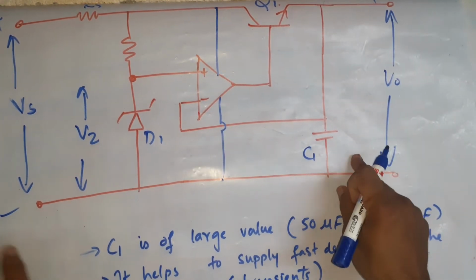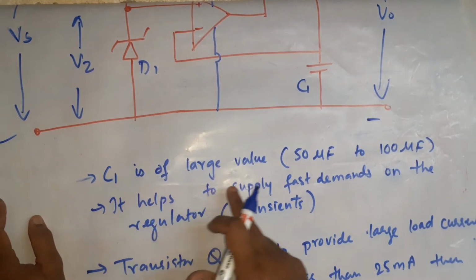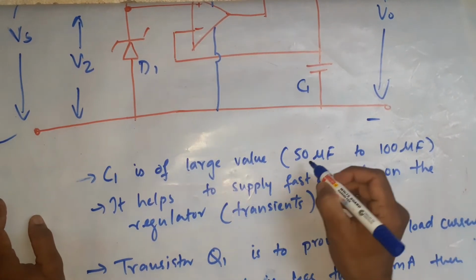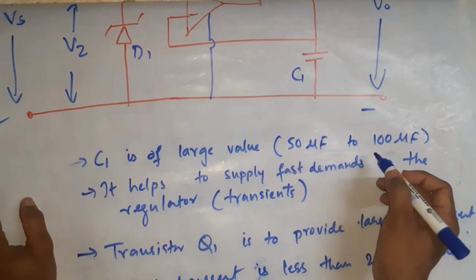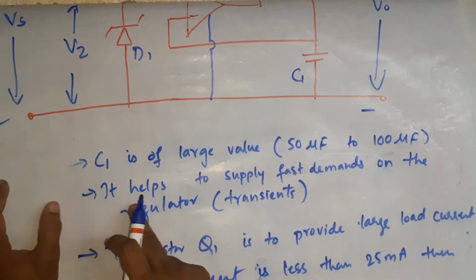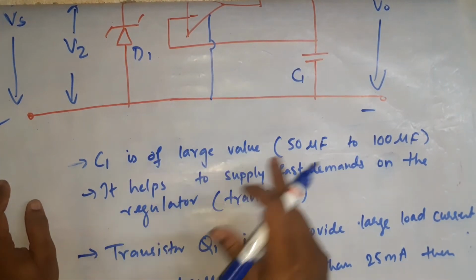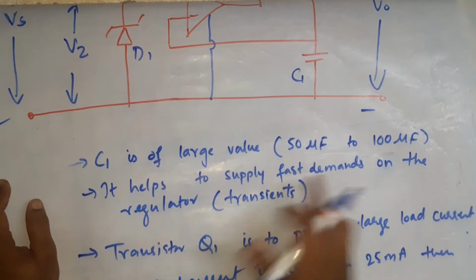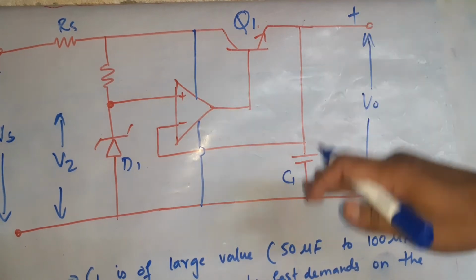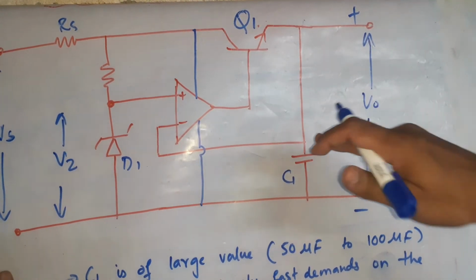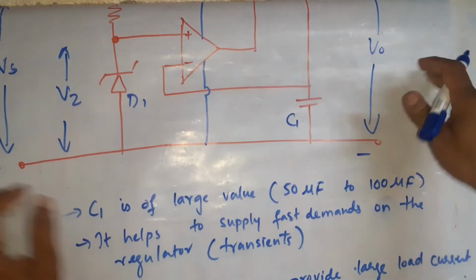Capacitor C1 is of a large value, 50 micro to 100 micro. It's a very big rating, very big size. This capacitor C1 helps the regulator by supplying fast demands on regulator transients. Wherever there are variations in the supply voltage, to compensate for those variations we use the capacitor here.